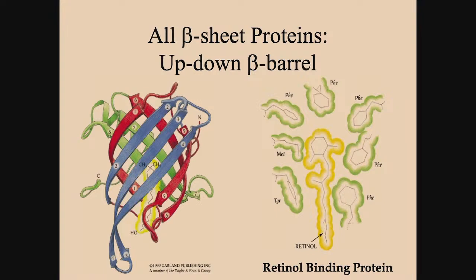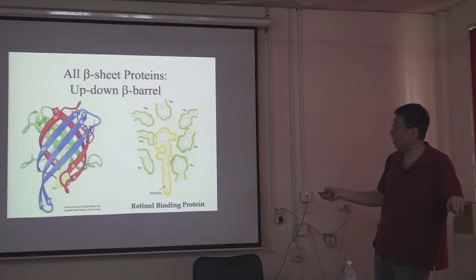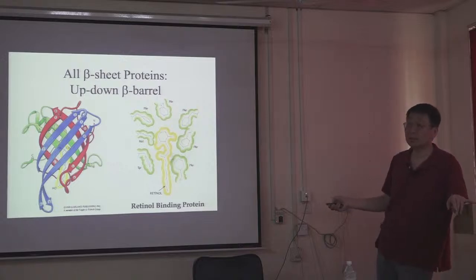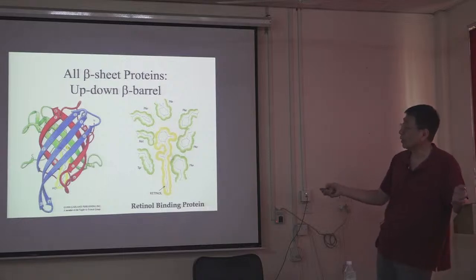So these are all hydrophobic, but there's a cavity. And the cavity binds retinol. As you see in the movie, retinol is all hydrophobic except the very tip of it, which is a hydroxyl. That's why retinol is an alcohol. So the hydroxyl is left outside, everything else is buried.